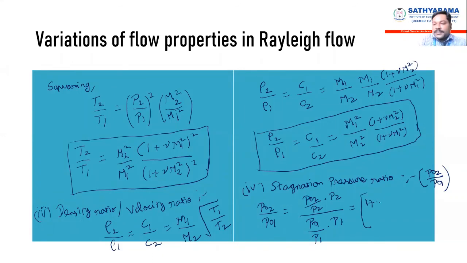That is 1 plus gamma minus 1 divided by 2 M2 square, over 1 plus gamma minus 1 divided by 2 M1 square. And then following the P2 by P1 relation. So what is your P2 by P1? 1 plus gamma M1 square divided by 1 plus gamma M2 square.